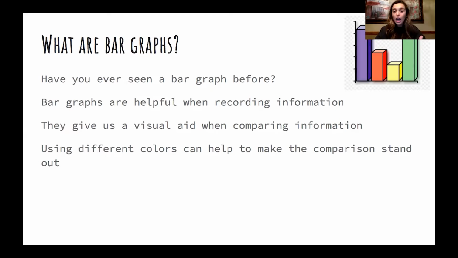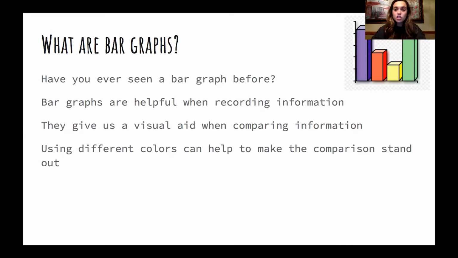So bar graphs are actually really helpful when recording information. They give us a visual aid when we want to compare information. And using different colors can help to make the comparison stand out. On the top right, this bar graph does not really have any information on it, just because it's not a real bar graph, but this is an example of what a bar graph could potentially look like.